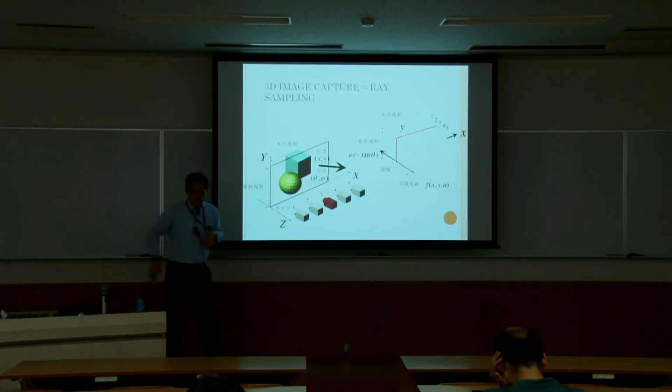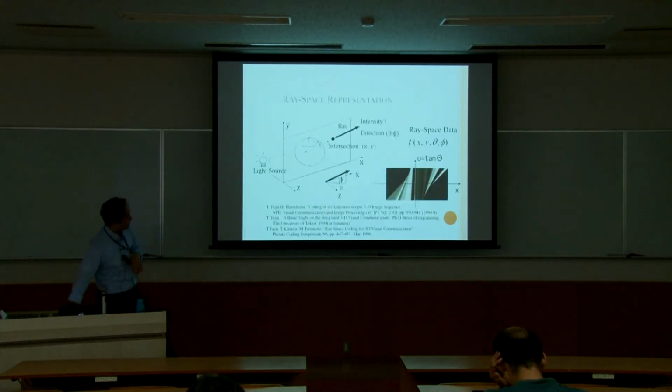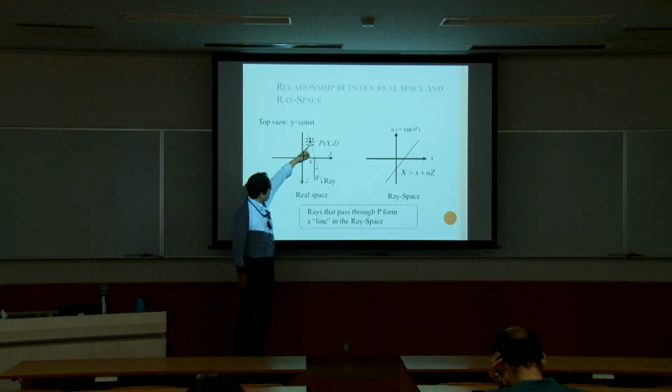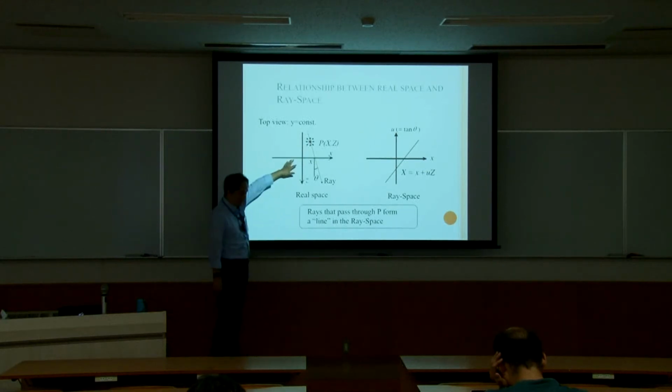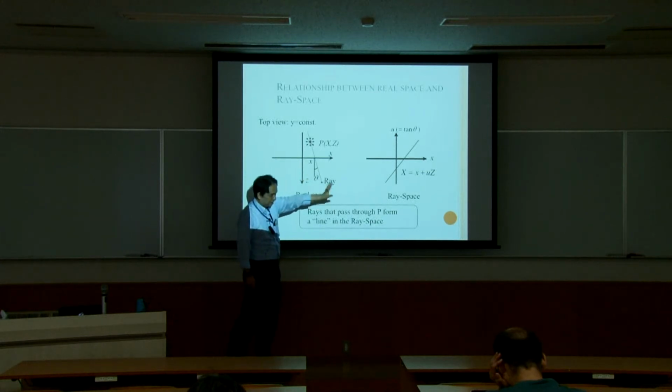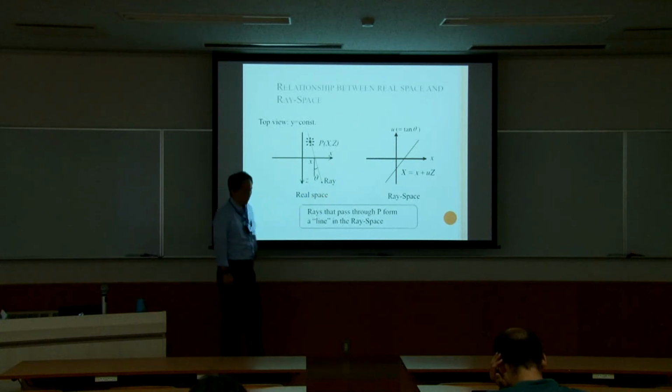So, let's go back to this. Okay, let's consider this point is camera 3, for example. So, the camera 3 captures many light rays which traverse this point P. And based on the relationship, in the ray space, these light rays align on the line.